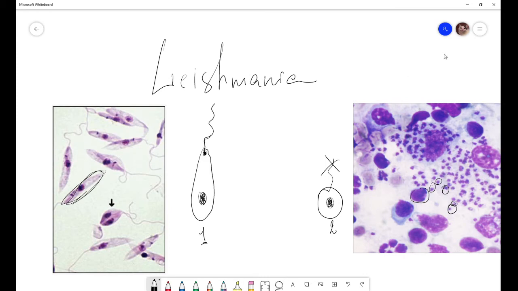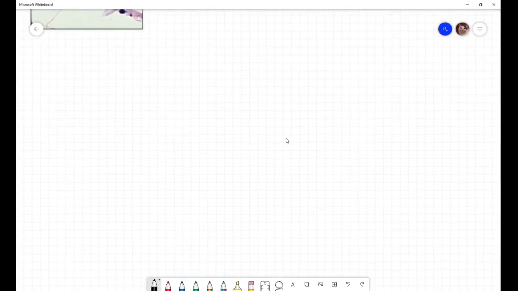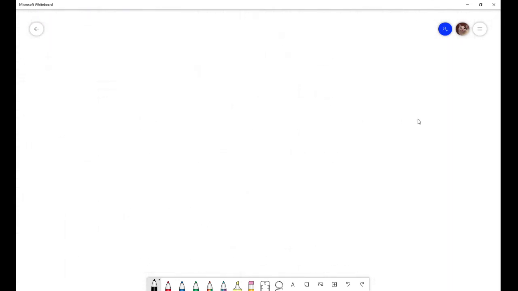The life cycle of Leishmania is so simple, with change of life form and with change of hosts.